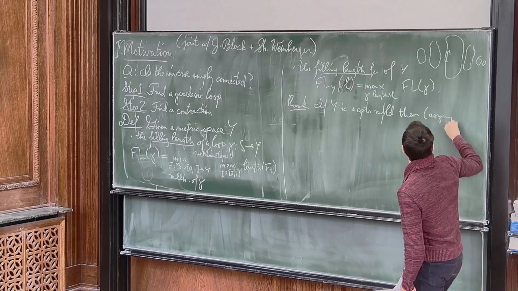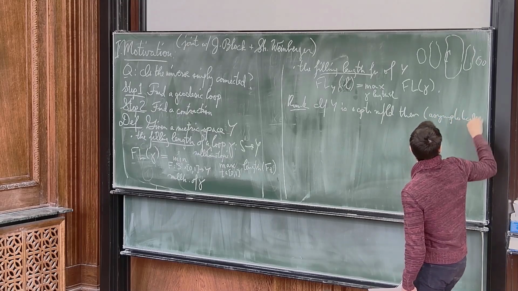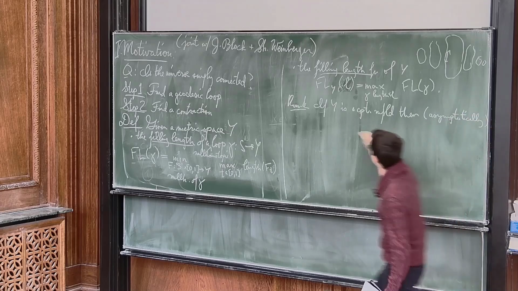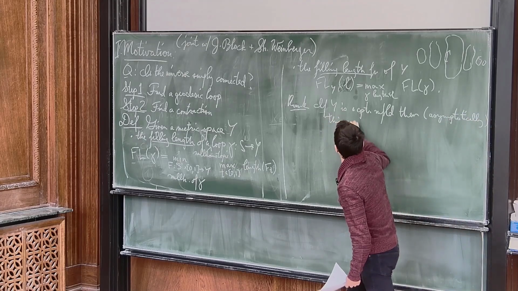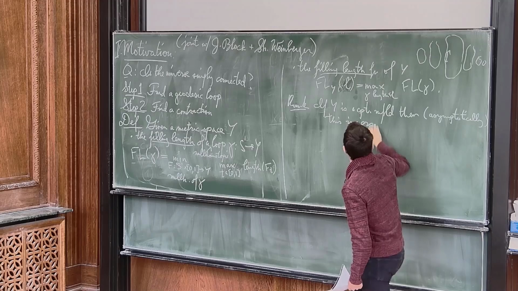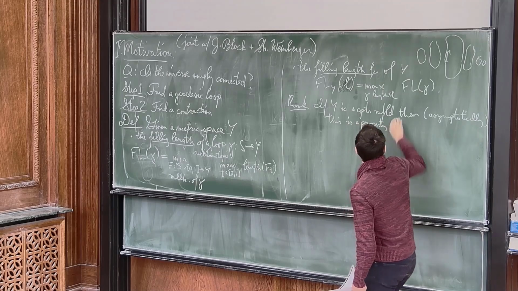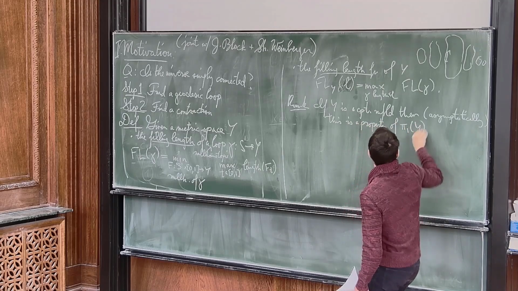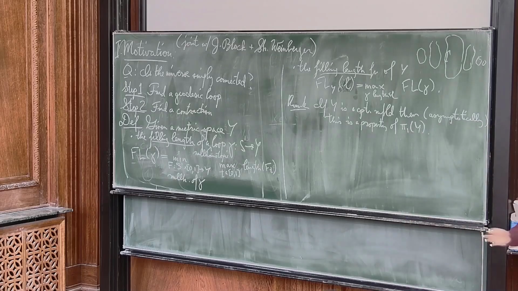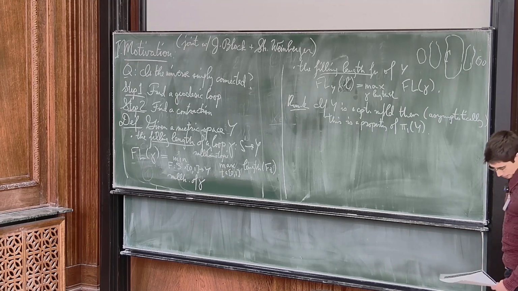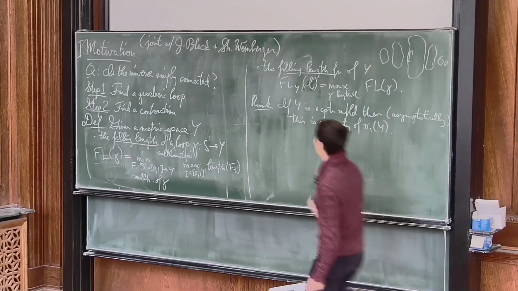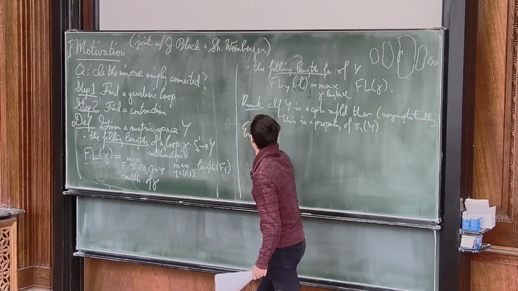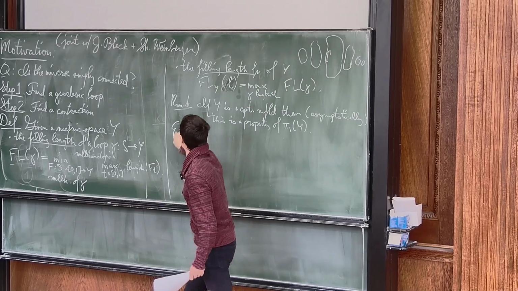So asymptotically, this is a property of pi 1 of Y, and so really this is some kind of invariant that naturally belongs to geometric group theory. And we can look at some examples.